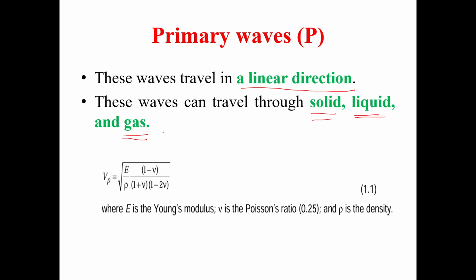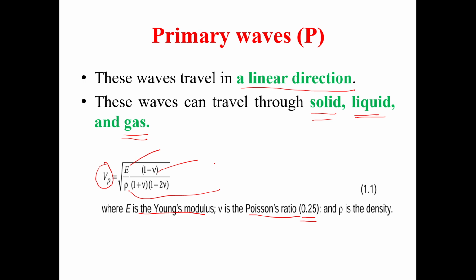There is one formula to calculate the velocity of the primary waves. This is the formula where E is Young's modulus, ν is Poisson's ratio, generally considered as 0.25, and rho is the density.